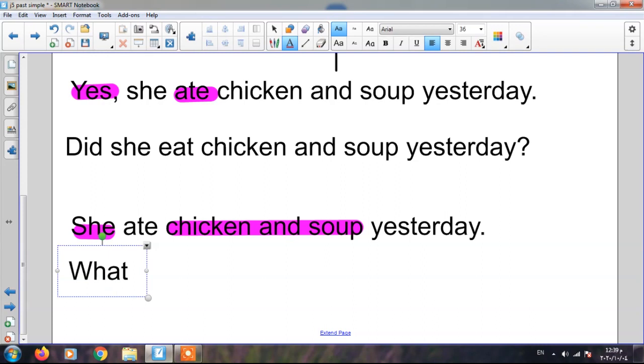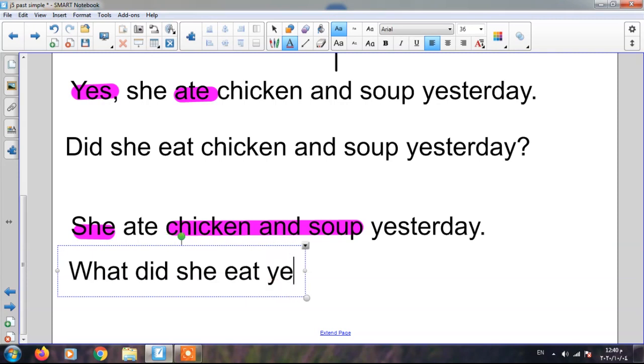And after the WH word, I have to put the helping verb in the past, which will be did. So what did she, do you remember I said after did the verb is infinitive? So what did she eat? Can I say chicken and soup? No, because I'm asking about chicken and soup. So what did she eat yesterday? And don't forget the question mark.